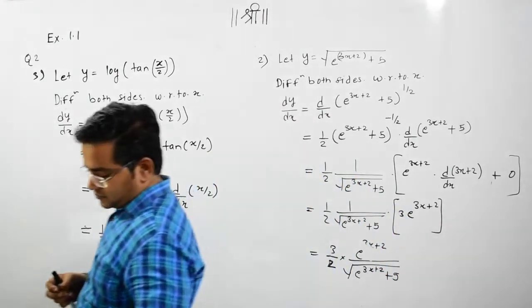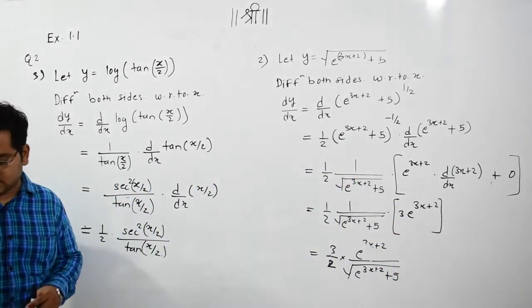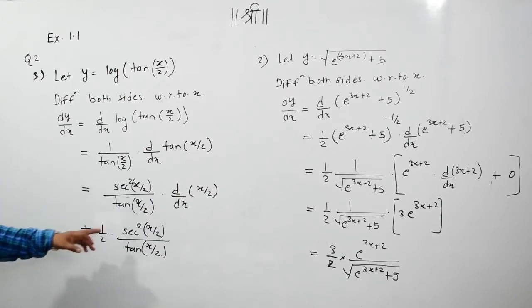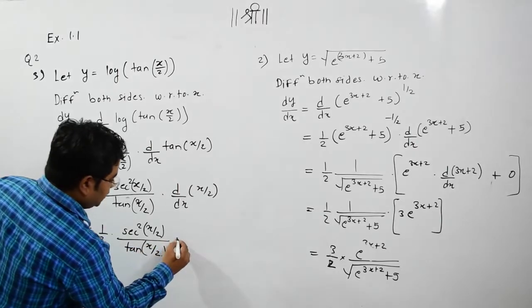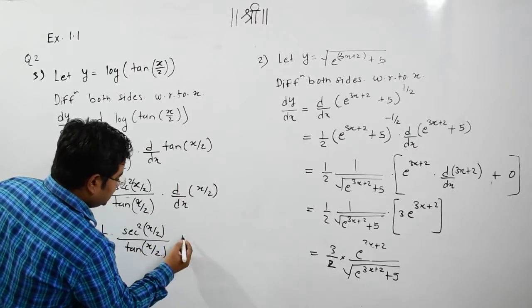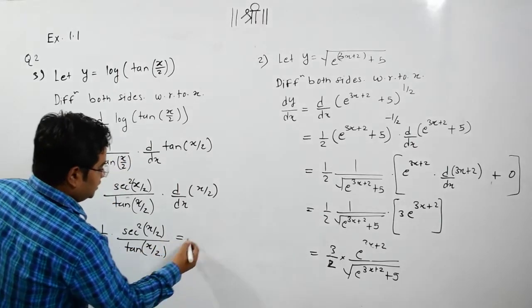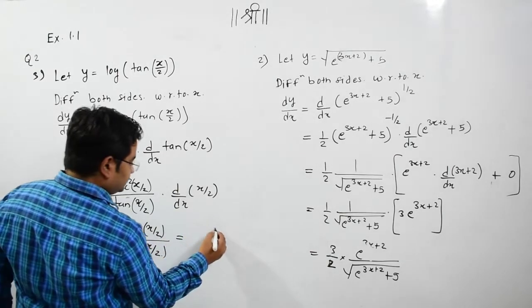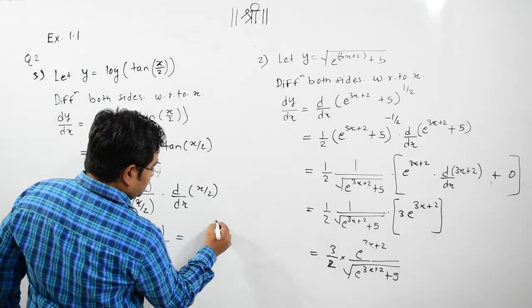So how did we get this answer? Not yet. There is further simplification. Sec square x by 2 is nothing but 1 upon cos square x by 2.